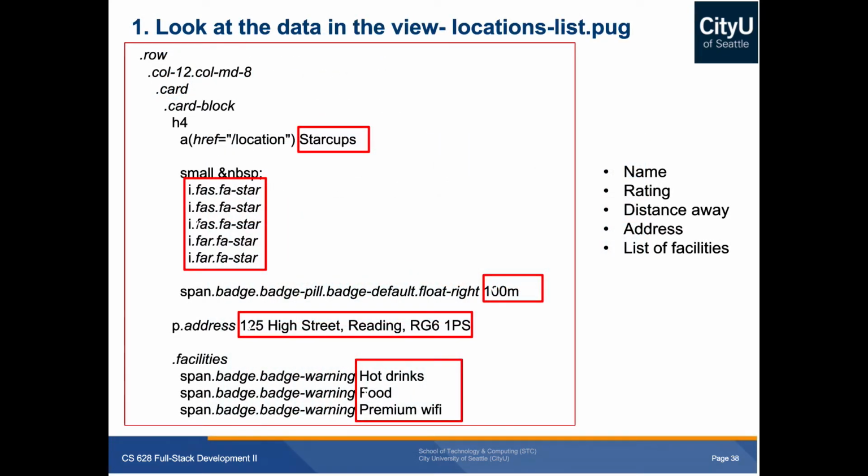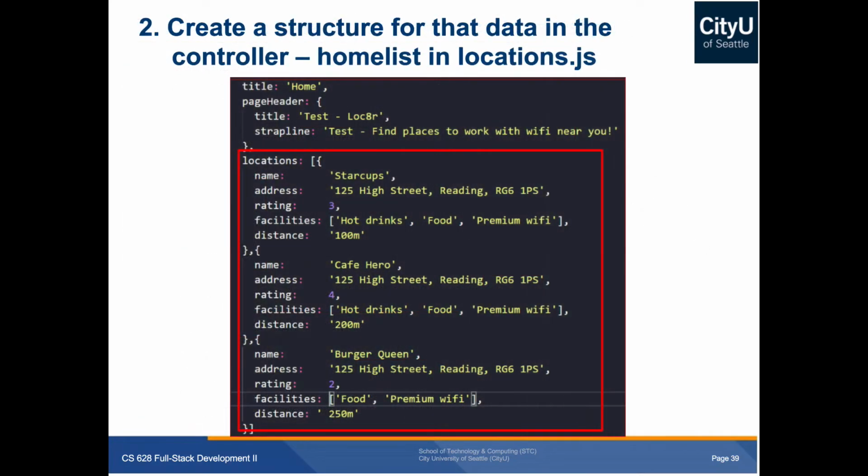Now we want to do the star cups, the stars, name, rating, distance away, and list of facilities, so we can show a list of locations with their information.